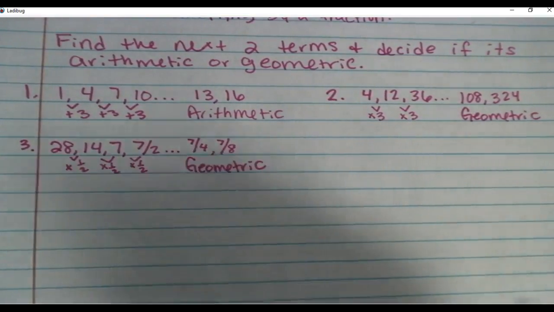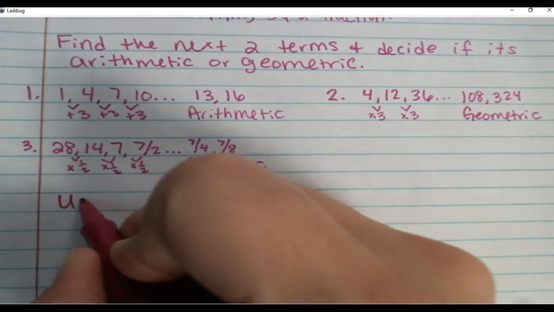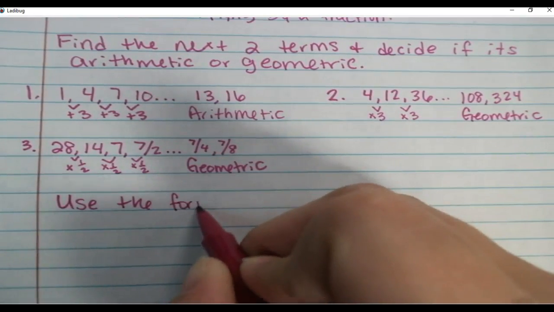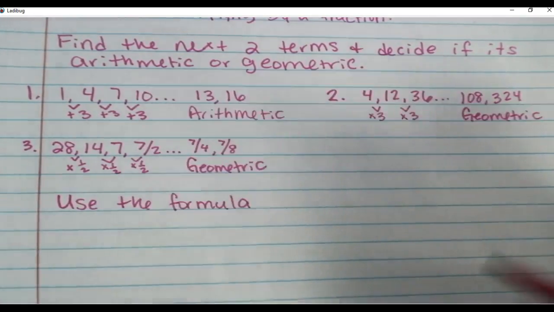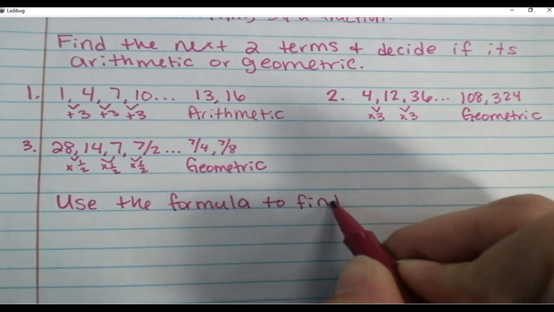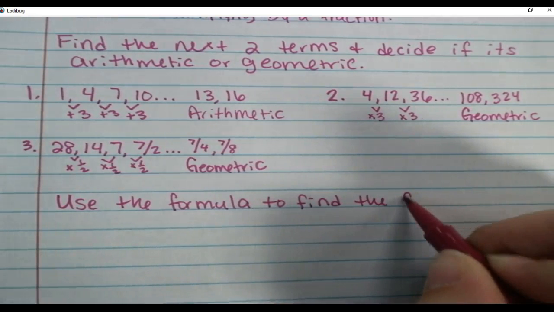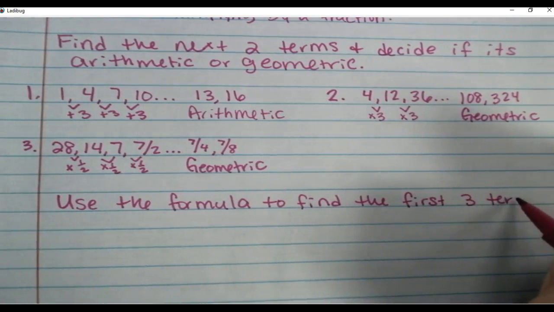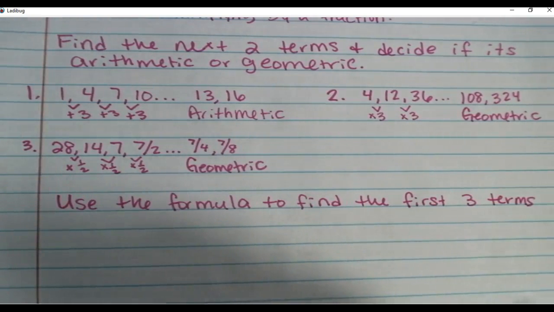Alrighty. So next, sometimes they'll give you a formula. So we're going to use the formula to find the first 3 terms, and decide if it's arithmetic, geometric, or neither.